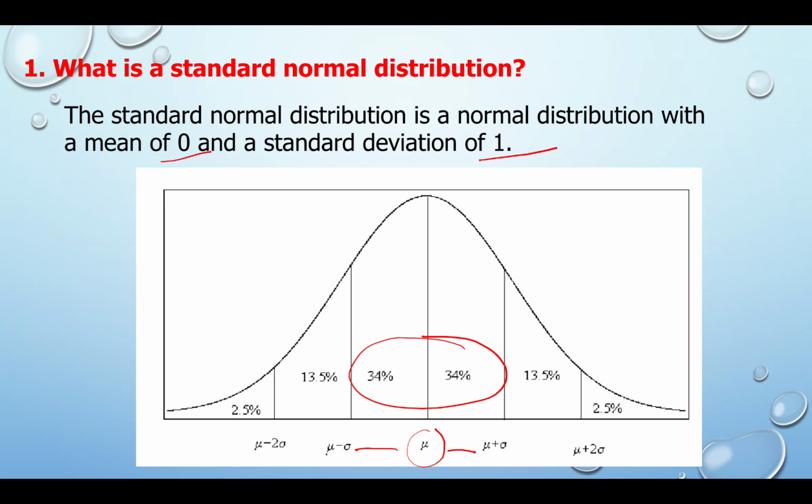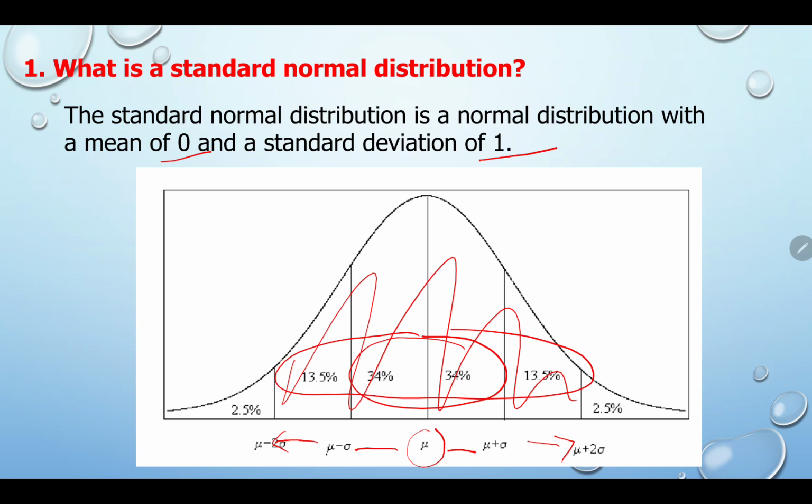Kapag naman we go through subtracting 2 standard deviations and adding 2 standard deviations, meaning to say ito lahat, if we add this all, that is already 95% of the data. Ito yung ating tinatawag na standard normal distribution.